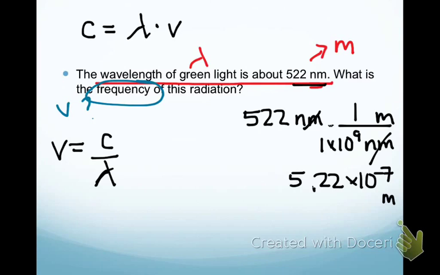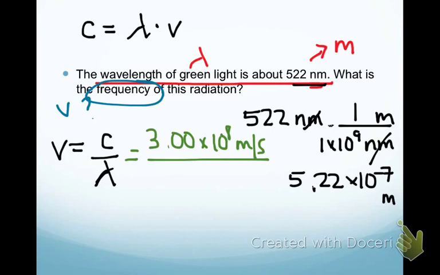So now I'm going to put these numbers into my equation. So c, remember, was our speed of light, 3.00 times 10 to the 8th meters per second. And I'm going to divide that by this wavelength, 5.22 times 10 to the negative 7 meters. I should notice that meters will cancel out, leaving me with seconds, but in the denominator.